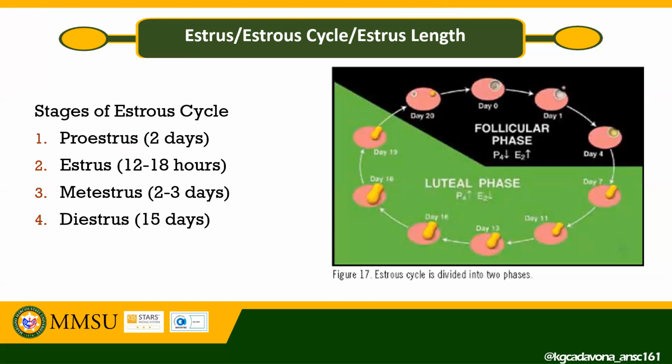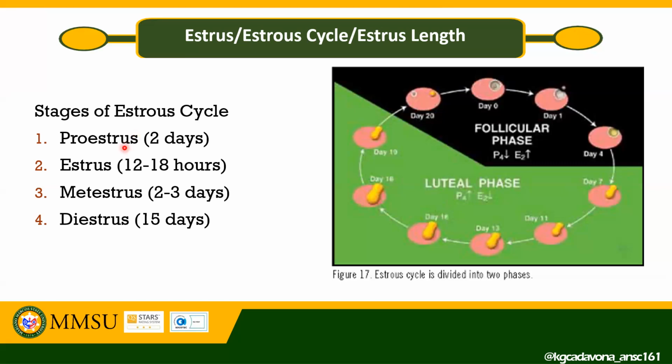During this period, the female animal is still not sexually receptive and it usually lasts for 2 days. So tatandaan pag proestrus, follicular growth, so meaning nagsisimula pa lang yung follicular phase ng cycle. Okay? So kindly relate it doon sa hormone cycle na dinisscuss ko kanina.